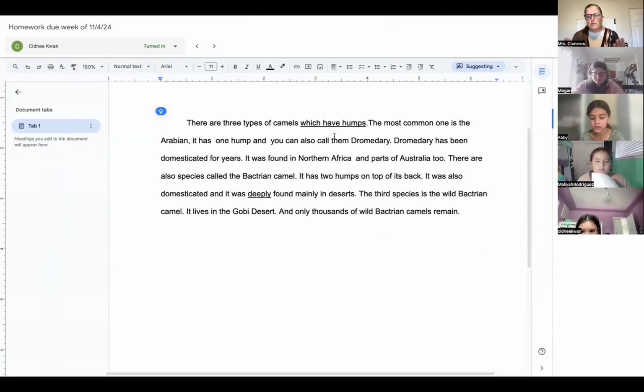So Abby, maybe look at your first sentence, and Megan, look at your first sentence and see if there's a place maybe you can add a who or which. Abby, did you find something? Go ahead and unmute so I can hear you. I could put it which there are 3 different types of camels, which the first is the one-hump Arabian camel.